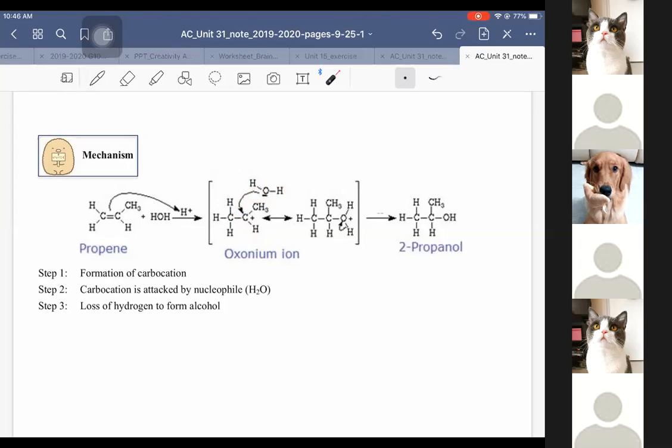As you can see, water has a lone pair on it, and it's attacking the positive charge. So that's a nucleophile attacking the positive charge here. Then it will form this reactive species, which we call an oxonium ion. This name is given to an oxygen cation with 3 bonds.